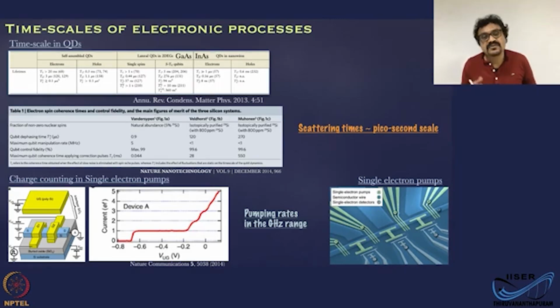Those operations also involve various error correction routines, which involve detection of the spin state or charge state of the system by repetitive quantum non-demolition measurement. And those measurements need to be carried out at a time scale many orders faster than the coherence times.